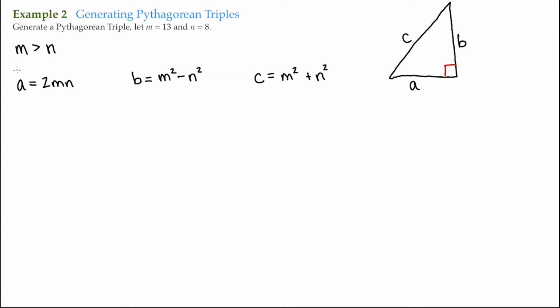So m is 13, so then side A is equal to 2 times m, which is 13, times n, which is 8. 2 times 13 times 8, that's 208. So this would be 208.